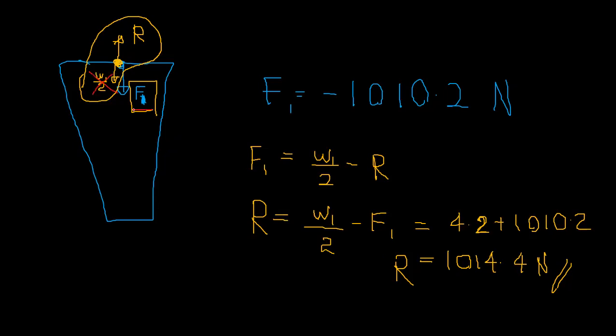So what you are finding directly will be the reaction, right? That's why it became negative, because the reaction should be in the upward direction. It's the total force, right? So F1 is equal to R, right?